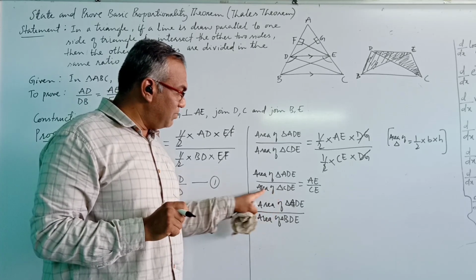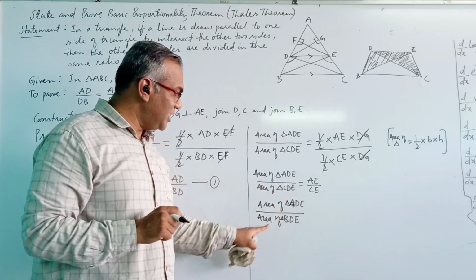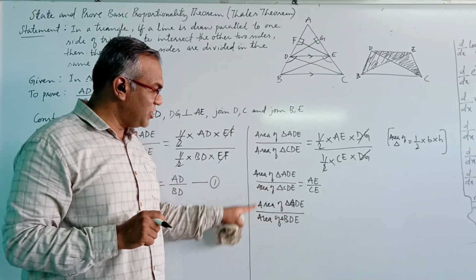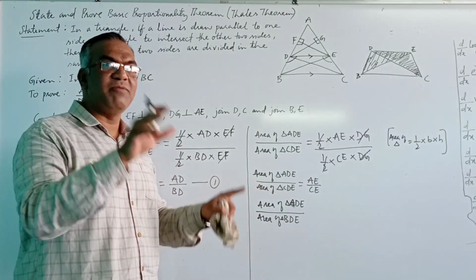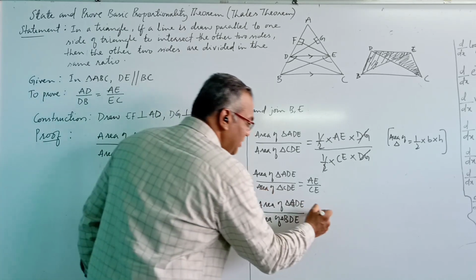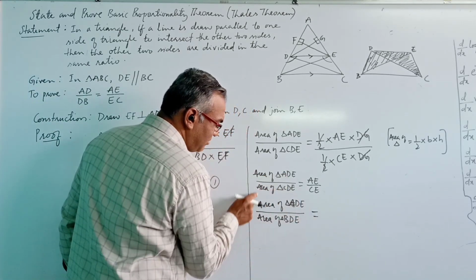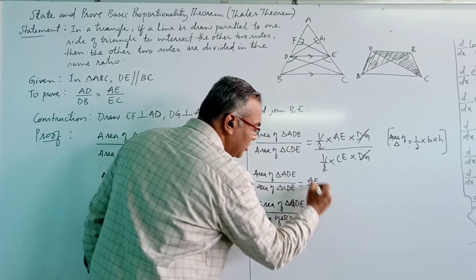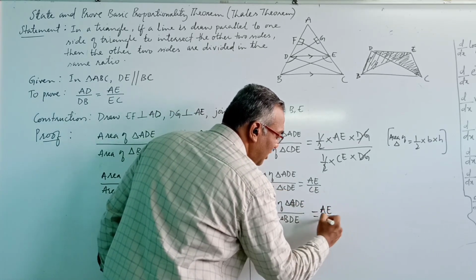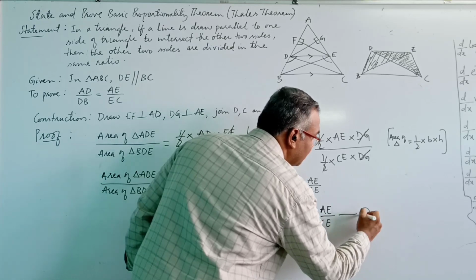I am just replacing this with this because they have the same value. That will be equal to, see, this area of ADE is the same. This I changed to BDE because CDE and BDE are equal. Is equal to this AE divided by CE as it is. This is equation number 2.